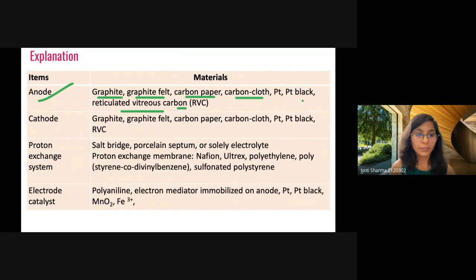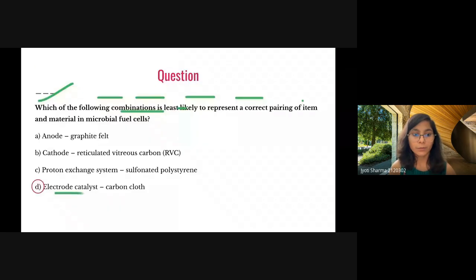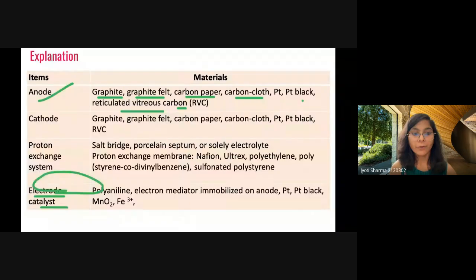But here, if I go to the question, for the electrode catalyst, let me show you. For the electrode catalyst, we have polyaniline, electron mediator immobilized on anode, palladium or platinum.